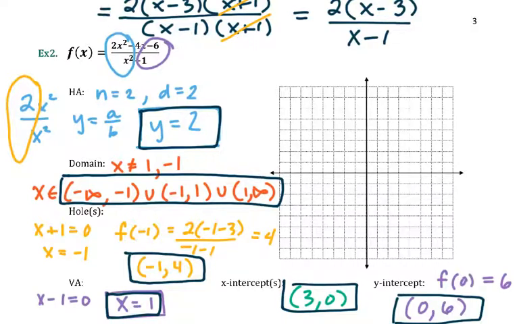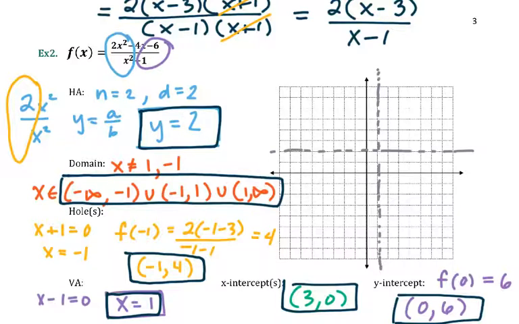So if we think about graphing this, we're going to draw our horizontal asymptote here first at y equals 2, and my vertical asymptote at x equals -1. So these are imaginary boundaries that the graph is going to approach but never touch.